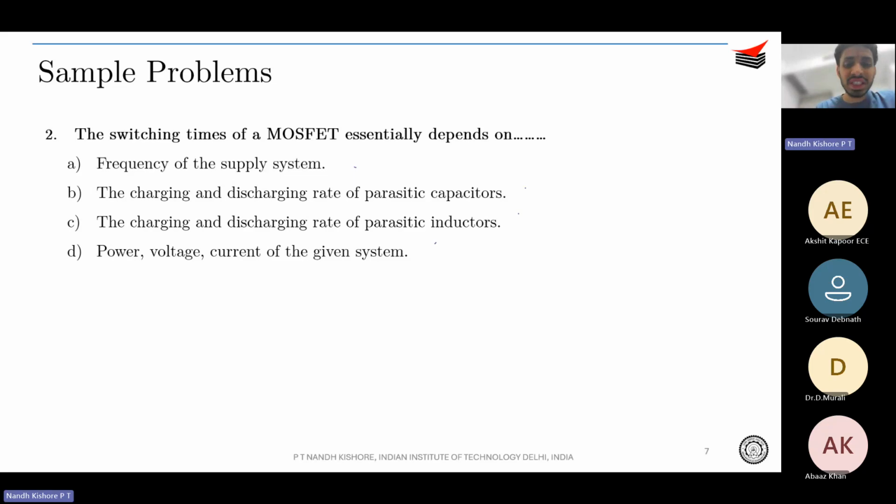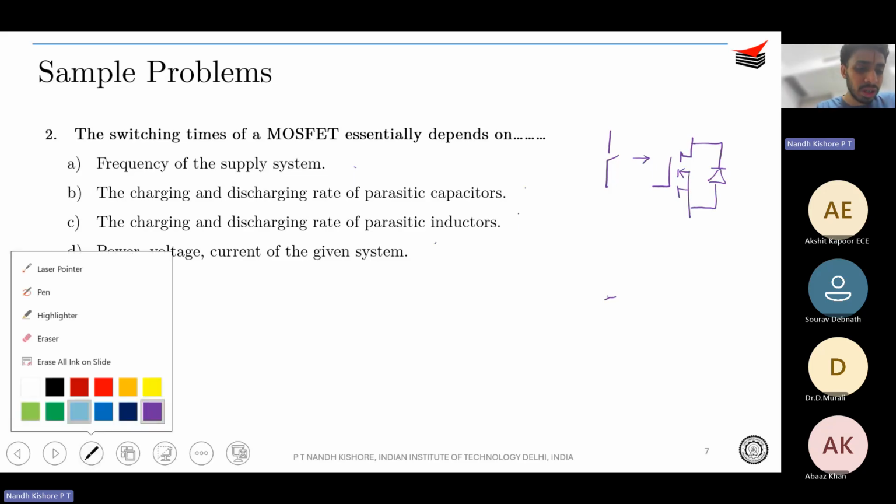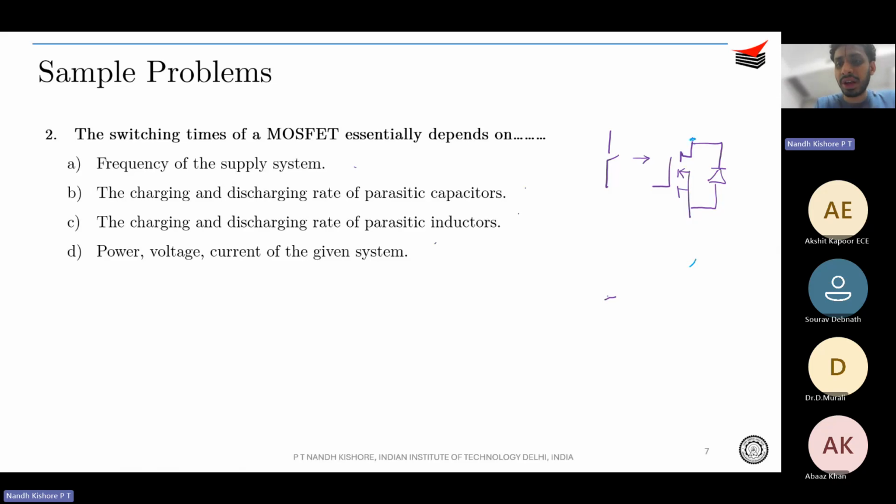Okay. So you understand that even though we represent a MOSFET, we represent it as an N-channel enhancement mode MOSFET. That is what we typically use in power applications. We represent a power MOSFET something like this, okay? Wherein this terminal is your drain, this terminal is your source, this is your gate, right?